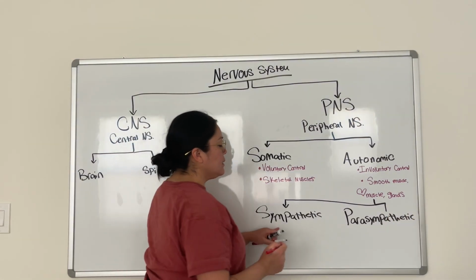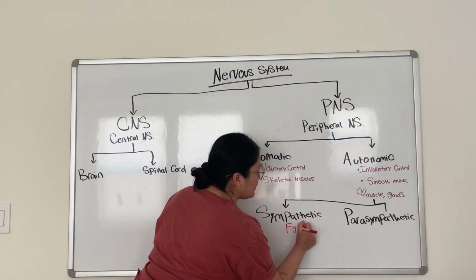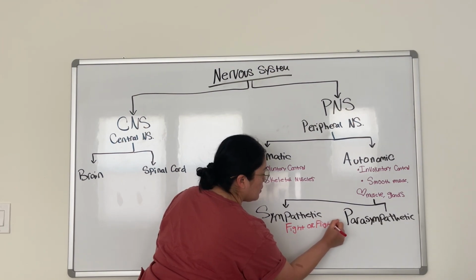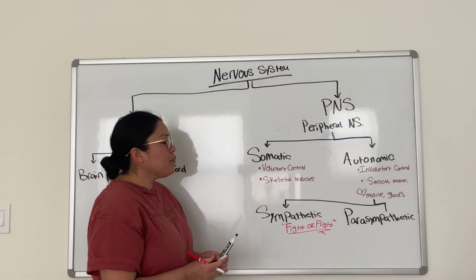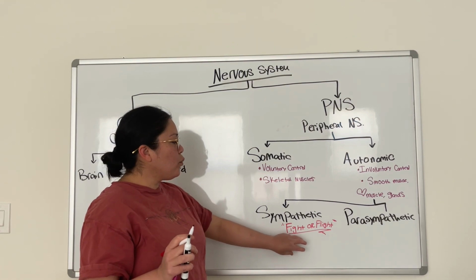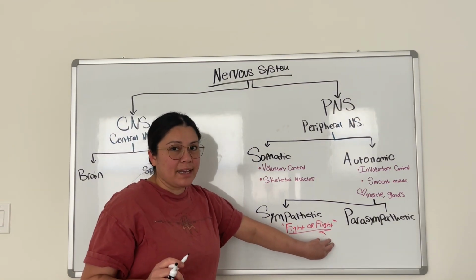Your sympathetic system is known as your fight or flight. Okay, fight or flight. The reason it's called fight or flight is because it's activated when we are in a situation where we feel like we need to fight or take flight.